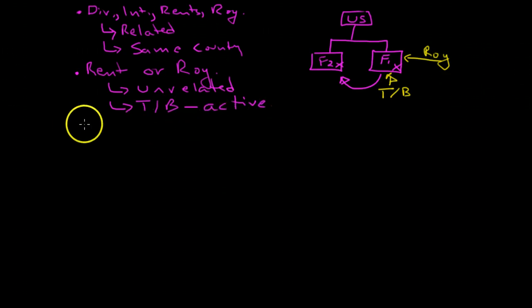Okay. Now, we also talked about gains from the disposition of these assets. So again, there's an exception for gains that are associated with, once again, the active trade or business. So I'm just going to call that active trade or business. And if you have gains from the sale of property which are used by, in this example, F1 in its active trade or business, then that is an exception.